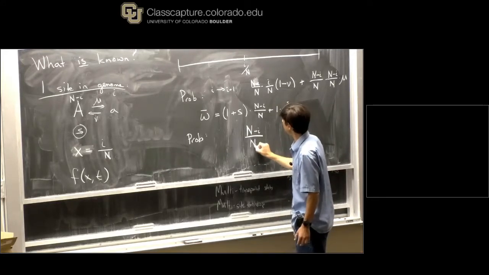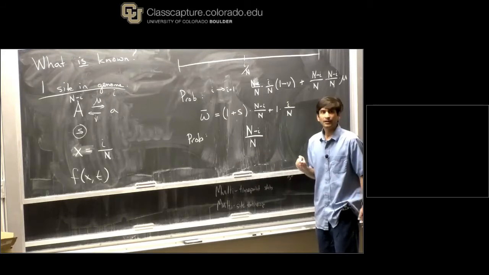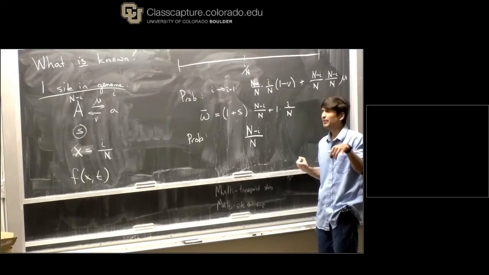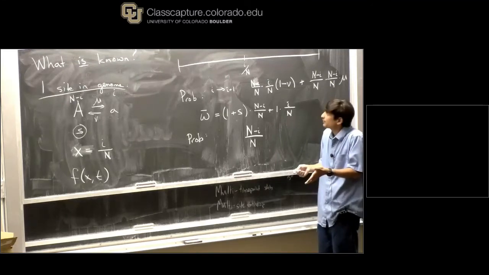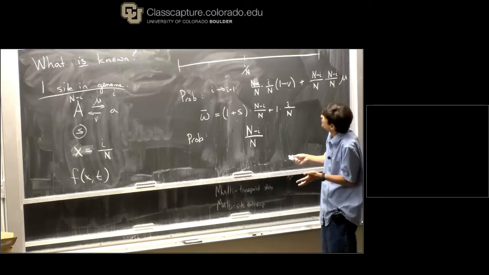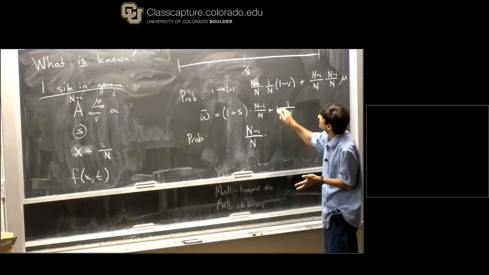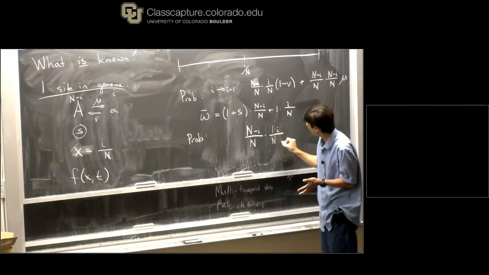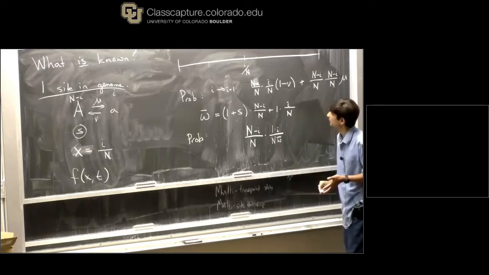Okay, if we assume that fitness works not on death, so everybody's equally likely to die, but the individuals that are chosen to reproduce are chosen in this weighted way. The probability that little a is chosen to reproduce is just 1 times I over N times W bar.